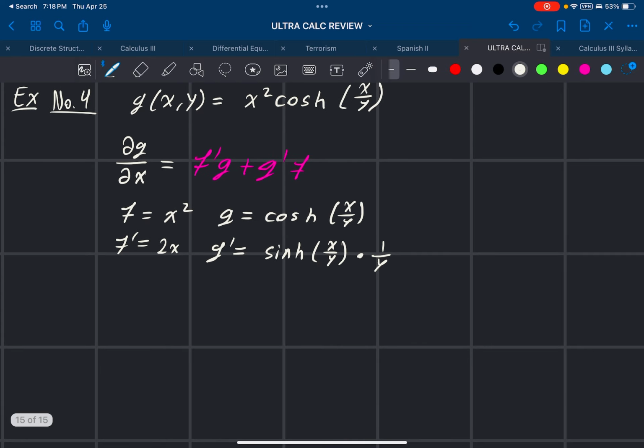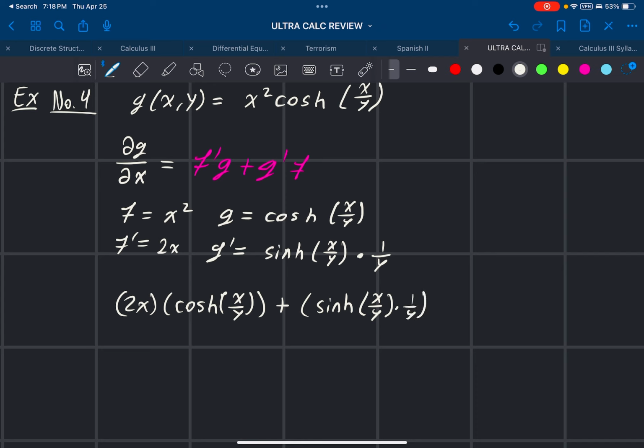All right, so now we just put it all together. So 2x multiplied by g, which is cosh x over y, plus sinh x over y times 1 over y.